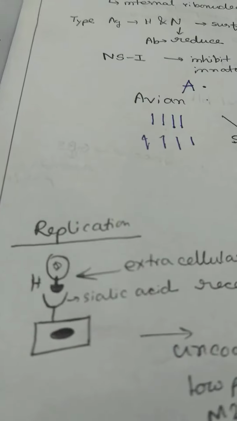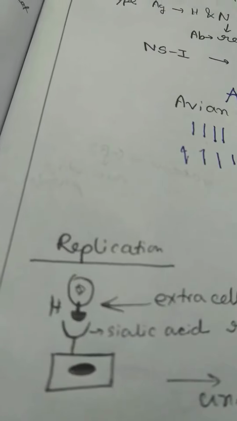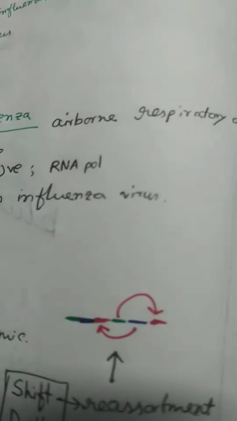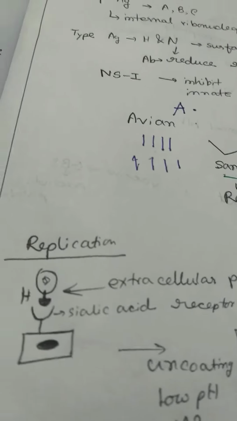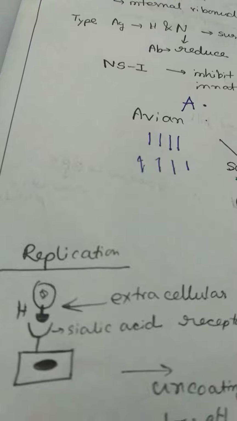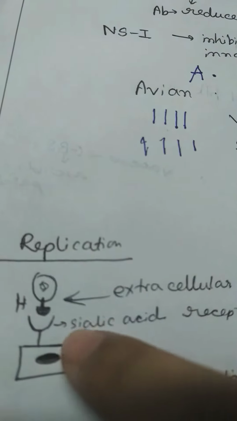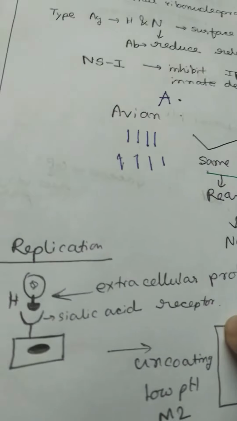So now we come to the replication of influenza virus. The source of infection is airborne respiratory droplets. So the airborne respiratory droplet enters through the nasal route and then binds with the sialic acid receptor of the host cell mucosa.